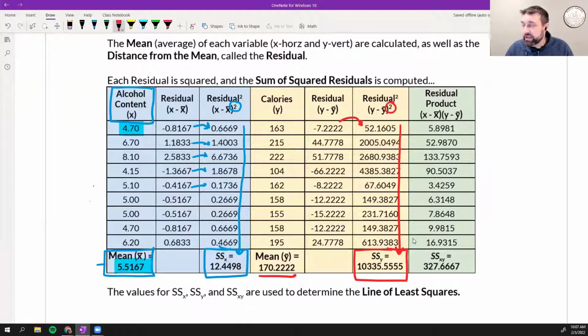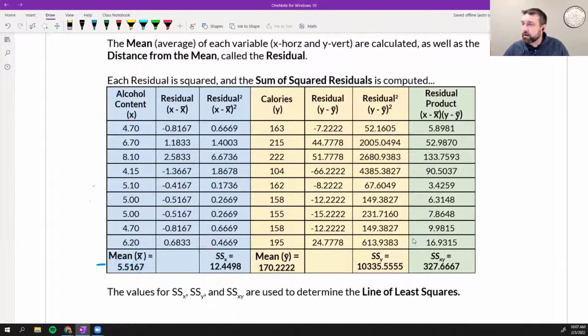The last thing we need to find is something called the residual product. So if you take a look at what the residual product is talking about, you're going to take the x difference, the residual of the x's, and multiply it by the residual of the y's. So you're going to take this value and multiply it by this value, and that will give you this number.